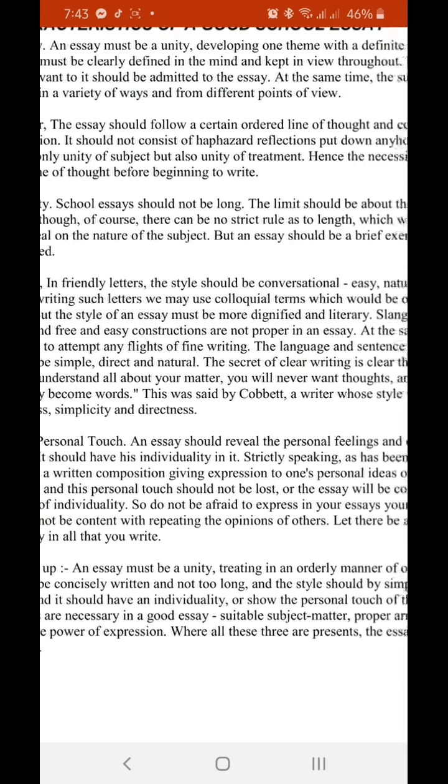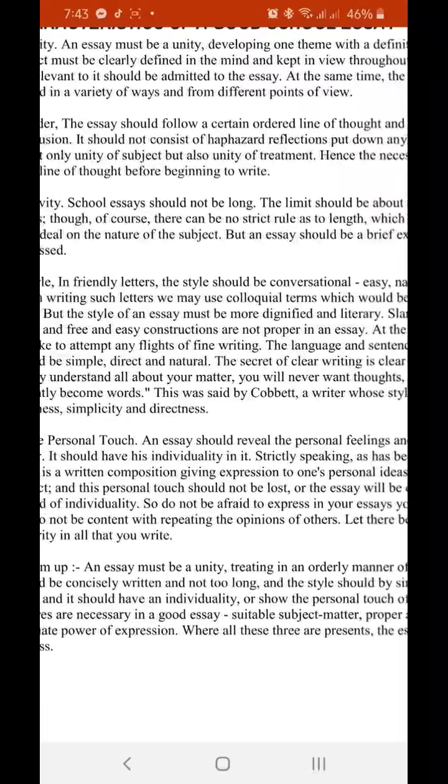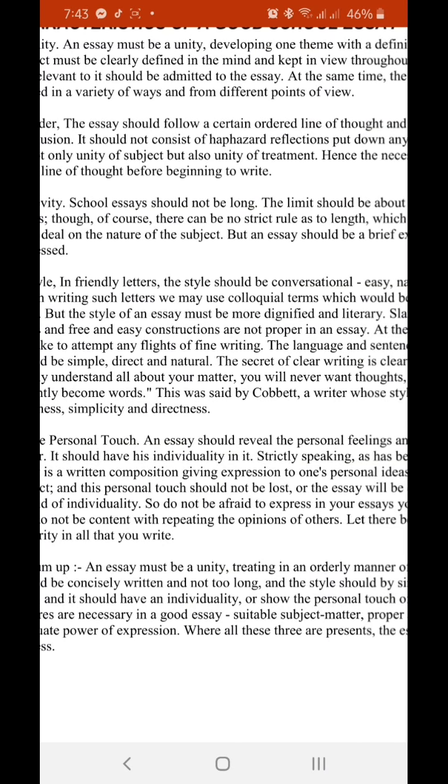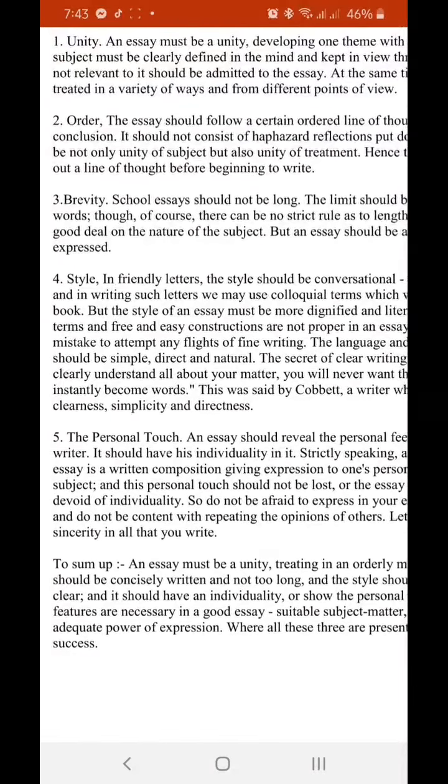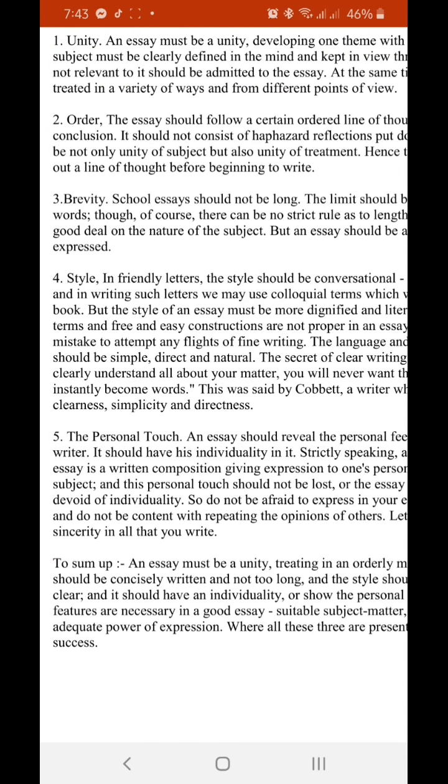So it is about the length. It shouldn't be too lengthy, or too brief. It should cover your points of view, it should be in a clear manner, and it should be concise, in fact.